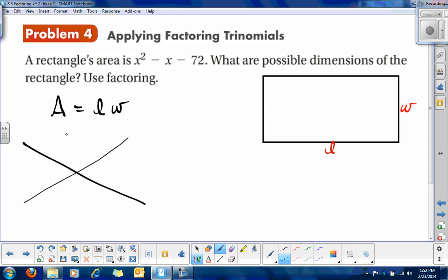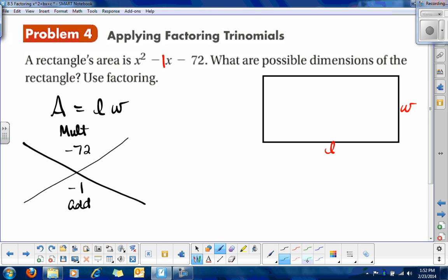So when we multiply, we want to get negative 72. When we add, we want to get what? Yes, negative 1. So when we add, we want to get negative 1.